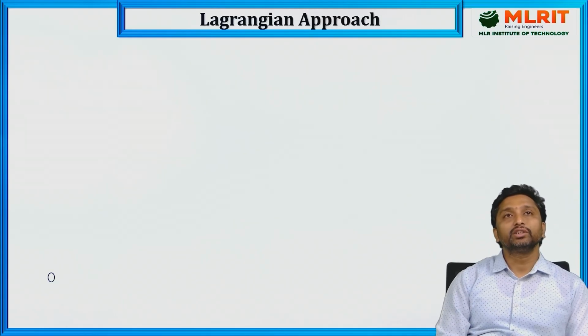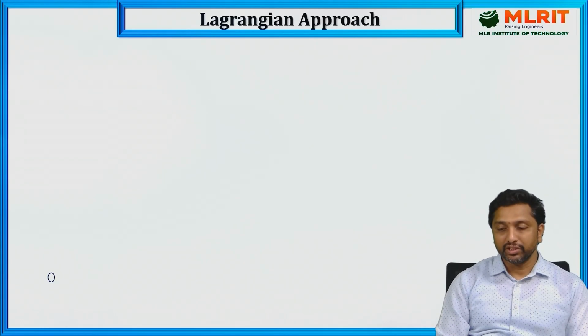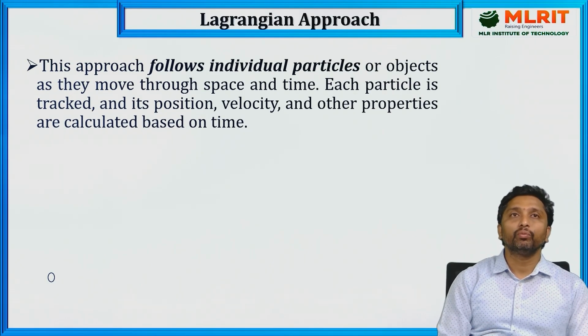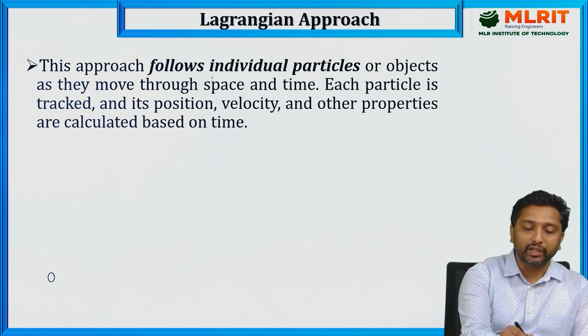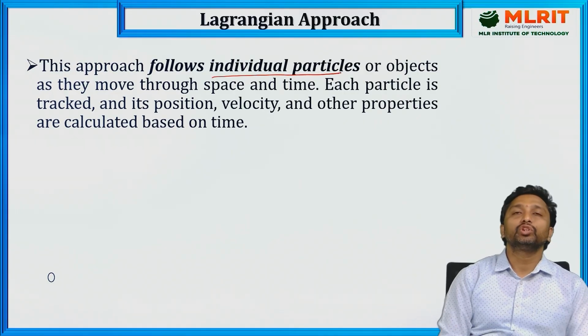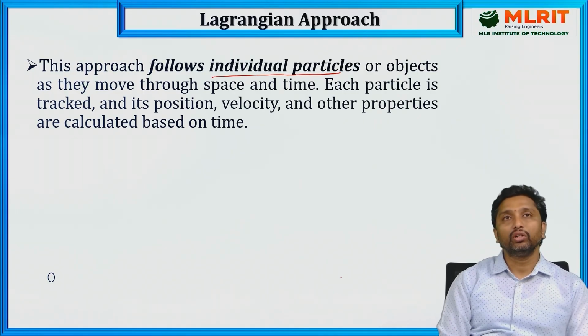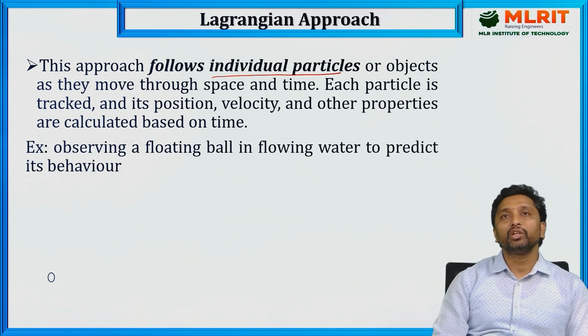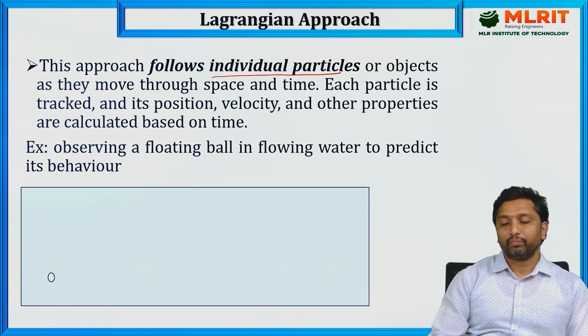Lagrangian approach is an approach where we concentrate mostly on individual particles or objects which are moving in space and time. Here we will be following each particle, and based upon the behavior of each particle, we will be predicting the nature of the flow.